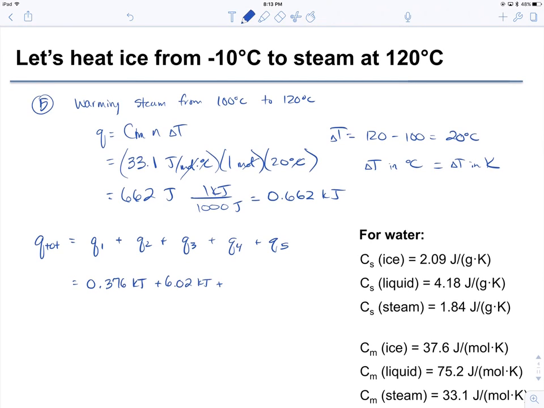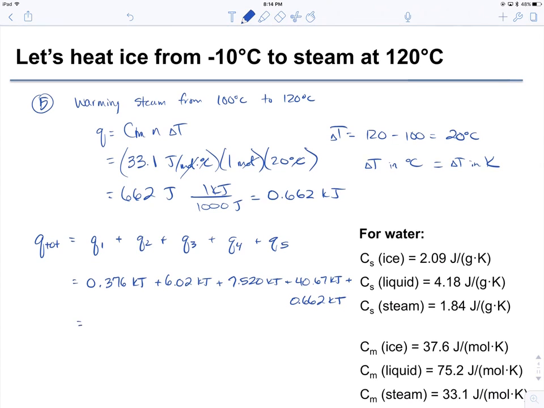Then to warm the liquid water, we were looking at 7.520 kilojoules, and to vaporize the water, 40.67 kilojoules, and to warm that steam, 0.662 kilojoules.